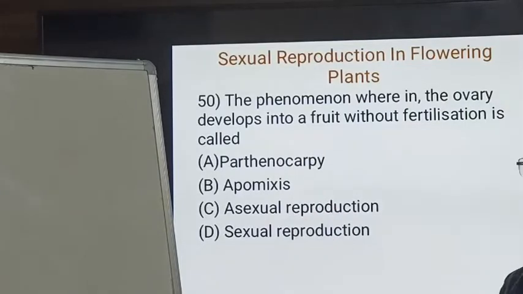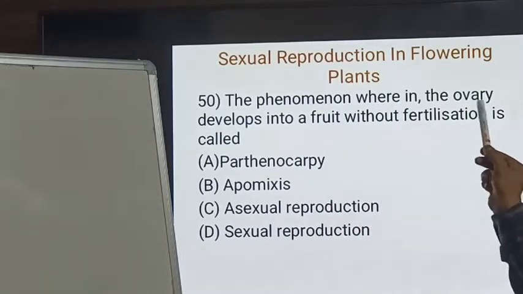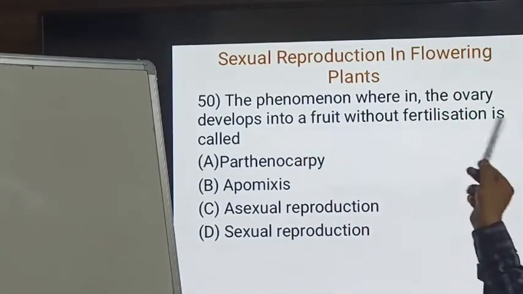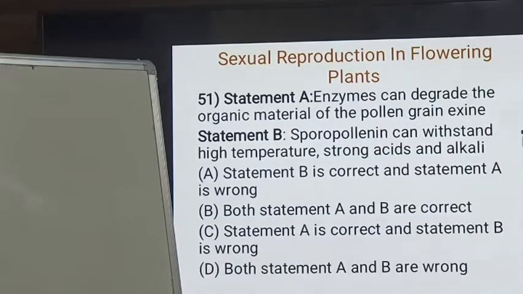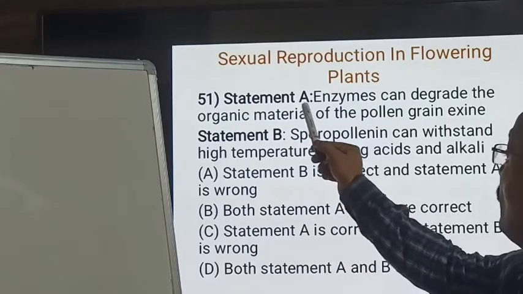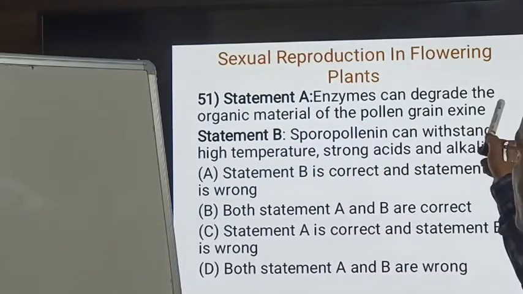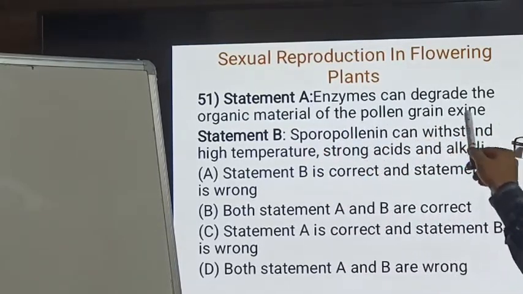Next question. The phenomenon wherein the ovary develops into fruit without fertilization is called, you already know, parthenocarpy. Again, we have to go through the 2 statements and find the correct answer among the 4 options given below. Statement A: Enzymes can degrade the organic material of pollen grain exine.